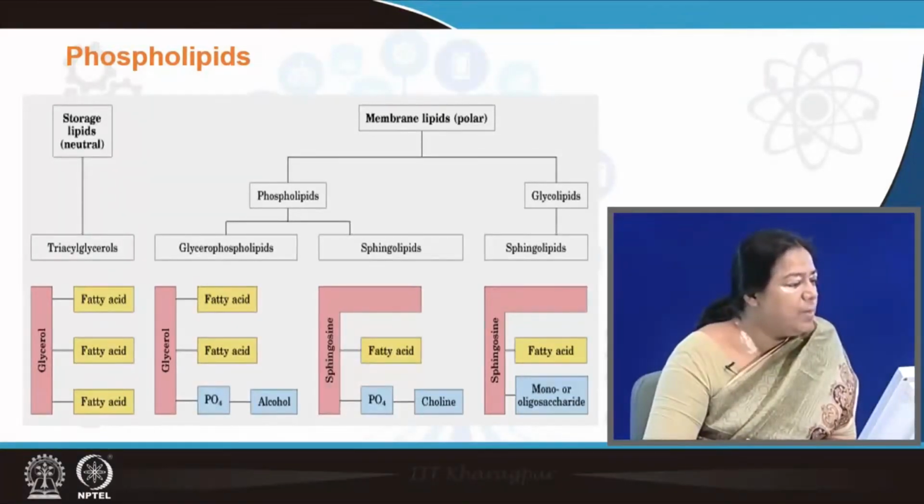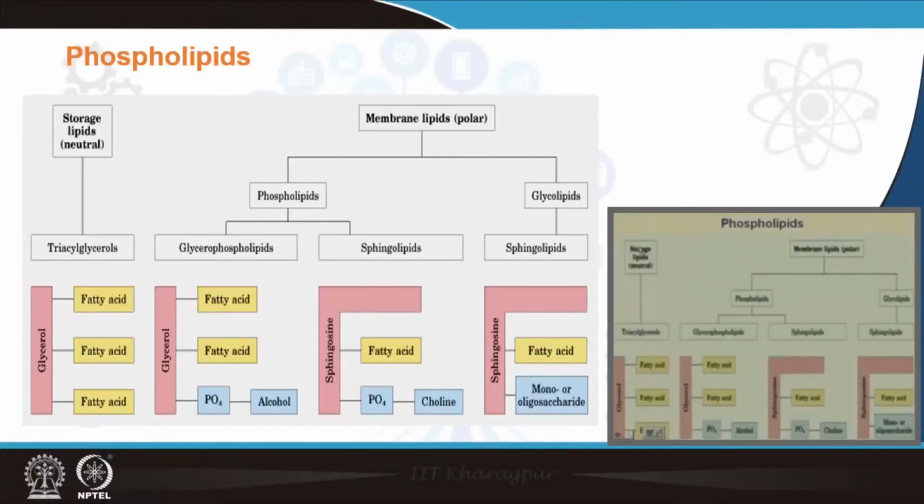So, if we go back to the phospholipid breakup, we have storage lipids that are triacyl glycerols, fatty acids. We have membrane lipids that are phospholipids or glycolipids. The breakup of phospholipids is glycerol phospholipids or sphingolipids, where the backbone is basically different. Okay. Now, we will study this in a bit more detail.